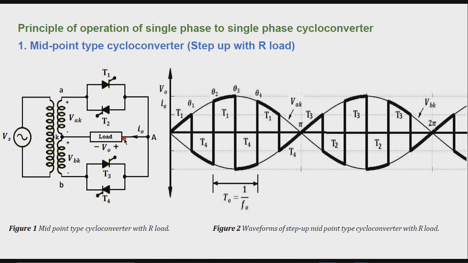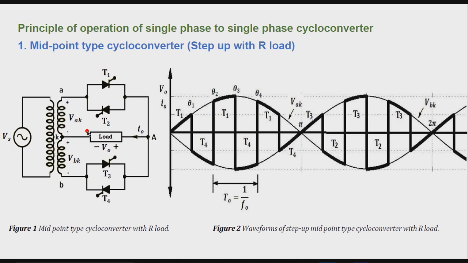During the positive half cycle of the supply voltage, terminal A is positive with respect to B. So the SCRs T1 and T4 are forward biased from omega t equal to 0 to omega t equal to pi. Thyristor T1 is turned on at omega t equal to 0.